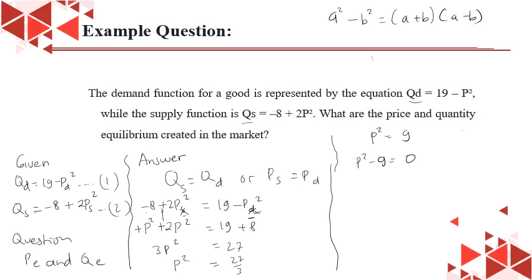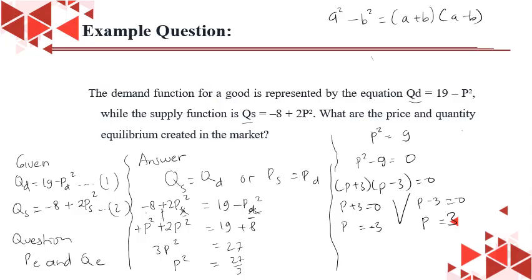So in here, p quadrat minus 9 is p plus 3 and p minus 3 equal with 0. First one is p plus 3 equal with 0, and p minus 3 equal with 0. This one is minus 3, and this one is 3.